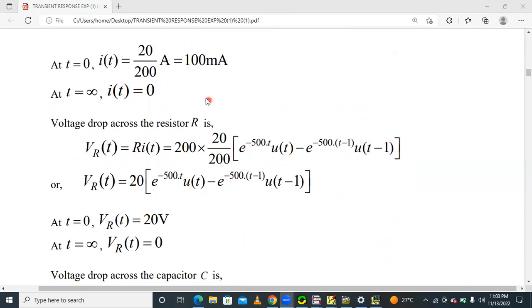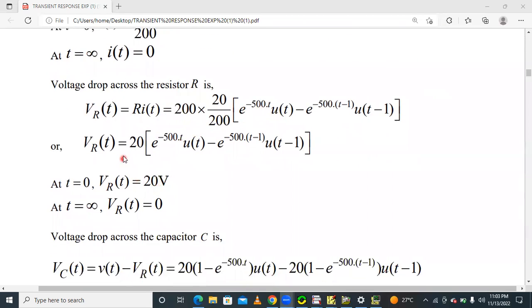Then substituting all these values, we will get VR of t is equal to 20 into e power minus 500 t, into U of t minus e power minus 500 into (t minus 1) into U of t minus 1. So this is the expression across the resistor. And then by substituting t is equal to 0, VR of t is equal to 20 volts in this equation. And substituting t is equal to infinity, VR of t is equal to 0 volts.